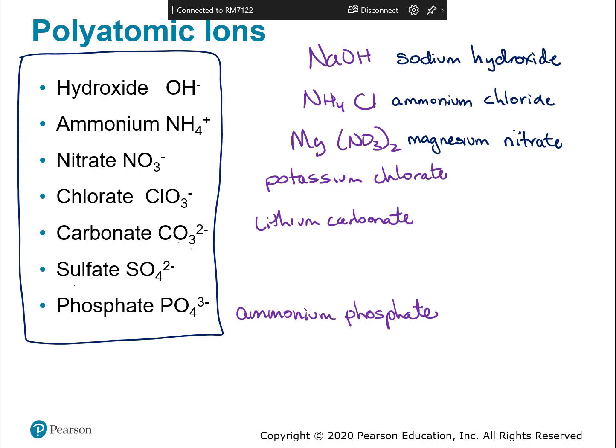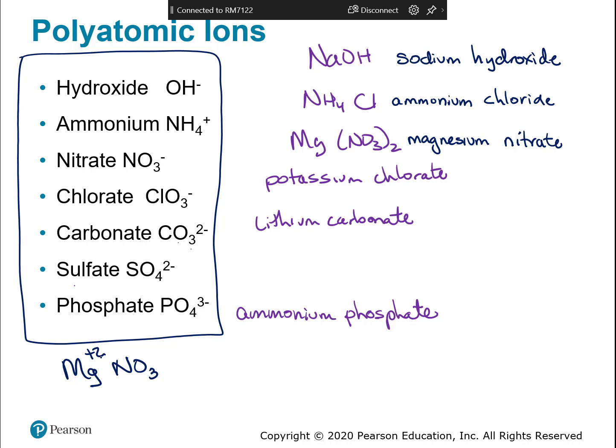So when I go to write their formula, if you have more than one polyatomic, you don't break it up. It stays together. You put parentheses around it, and then you can do your swapping of the charges to figure out the formula. So like with Mg and NO3, the reason that ends up with parentheses, what's the charge on magnesium? It's a +2 because it's in group 2, right? Now the nitrate, I know the charge on the nitrate.